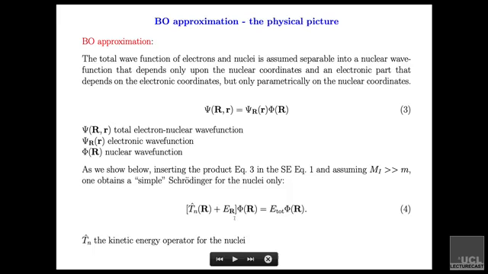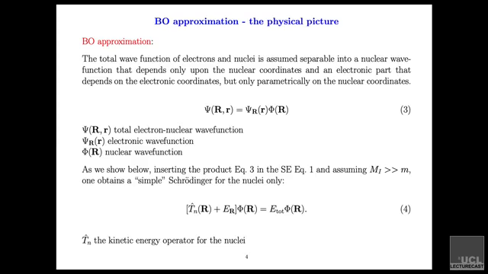This is just the Schrödinger equation for the nuclei. Here is the kinetic energy operator of the nuclei. Here is something which I will explain in a minute, called the potential energy surface. It's just a scalar function acting on the nuclear wave function. And then the usual eigenvalue equation, total energy times the nuclear wave function.